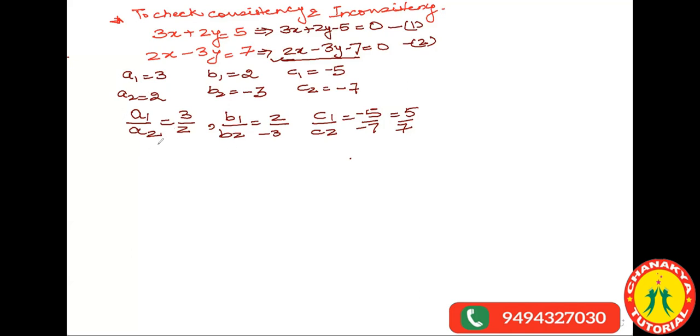Beta, tell me, are these ratios equal? No, ma'am. So A1 upon A2 is not equal to B1 upon B2. So if A1 upon A2 is not equal to B1 upon B2, is the system consistent or inconsistent?